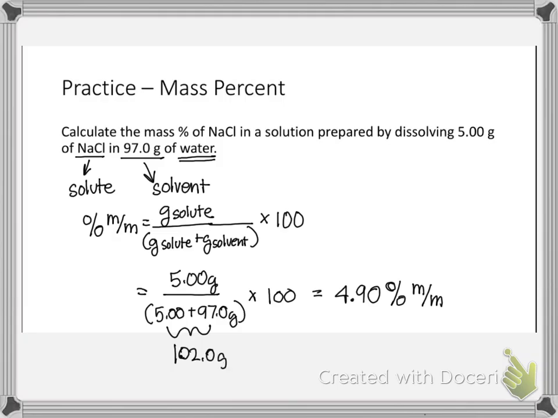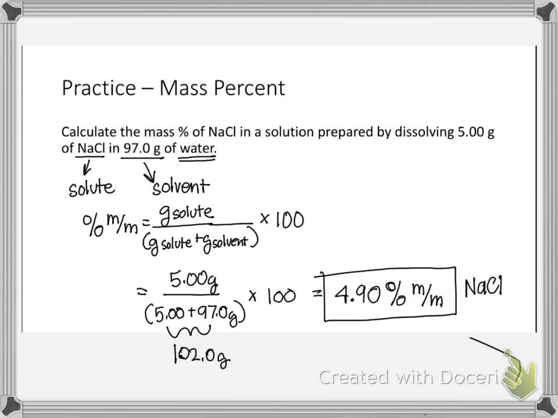So see, that has 4 significant figures. So 3 would be appropriate. So this solution is 4.90% sodium chloride. Okay, so that's how we calculate if we want to know the percent.